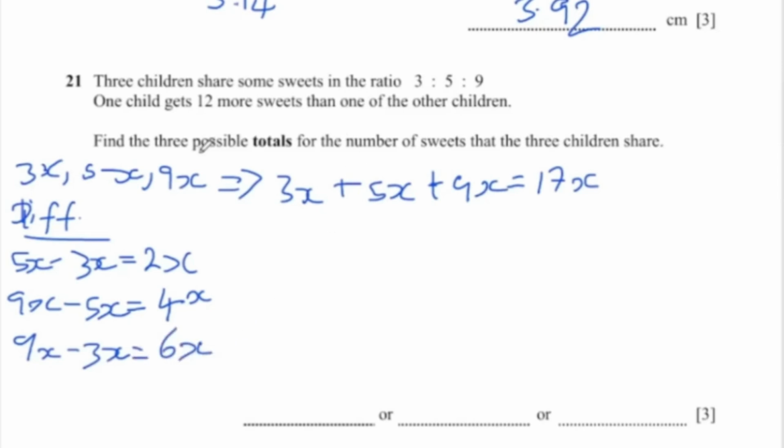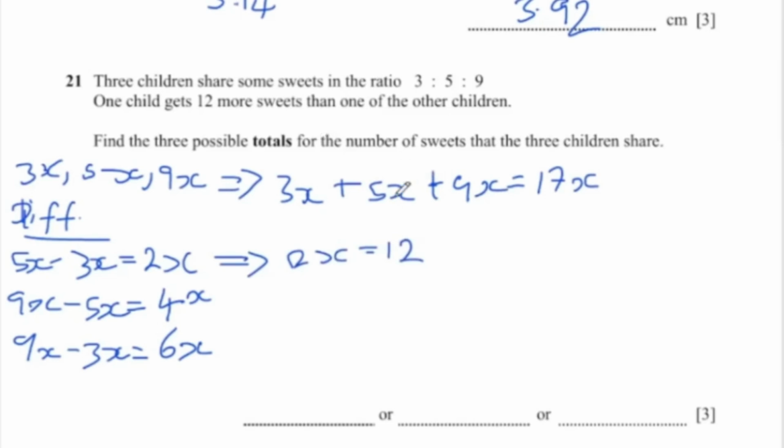Now there's a statement they made that one child gets 12 more sweets than one of the other 3 children. Taking the first case, where we have this difference between the second child and the first child as 2x, we can say this implies that 2x is equal to the difference, which is 12.